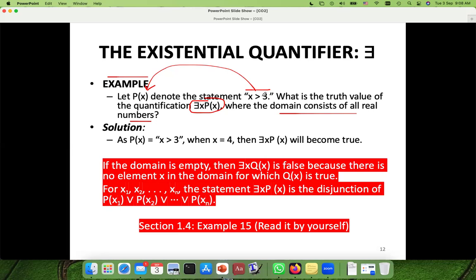No. 0.5 greater than 3? 1 greater than 3? 1 is also a real number. Then 2 greater than 3? 3 greater than 3? 4 greater than 3? So we have now found one value for which p of x is true. That is enough. So this means that this statement is true.